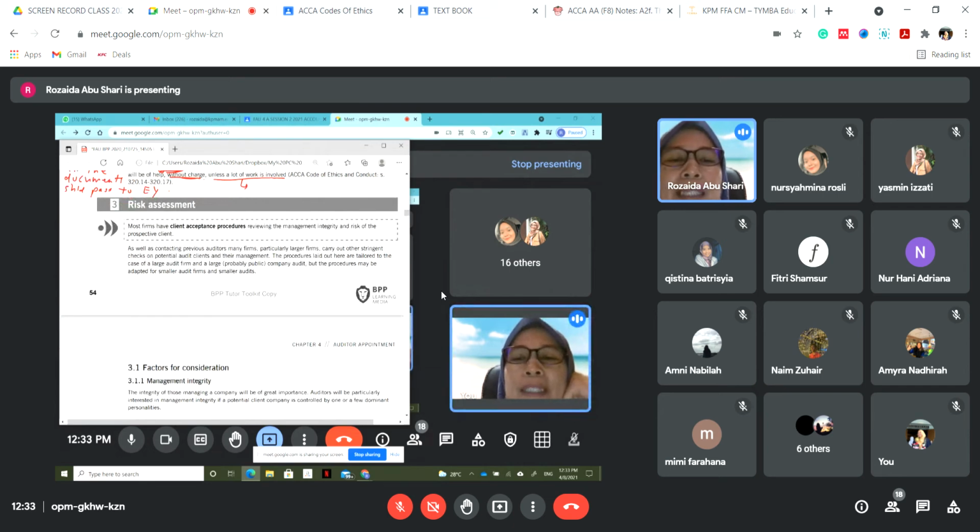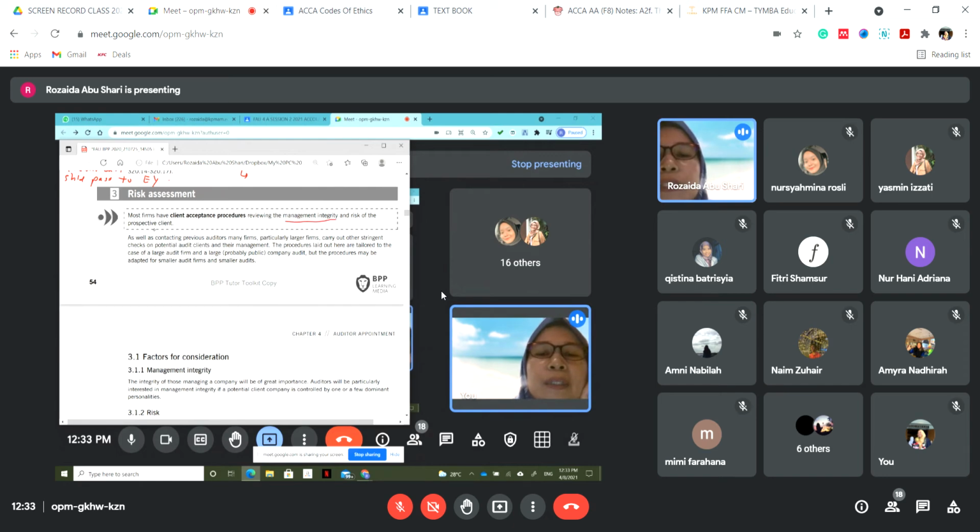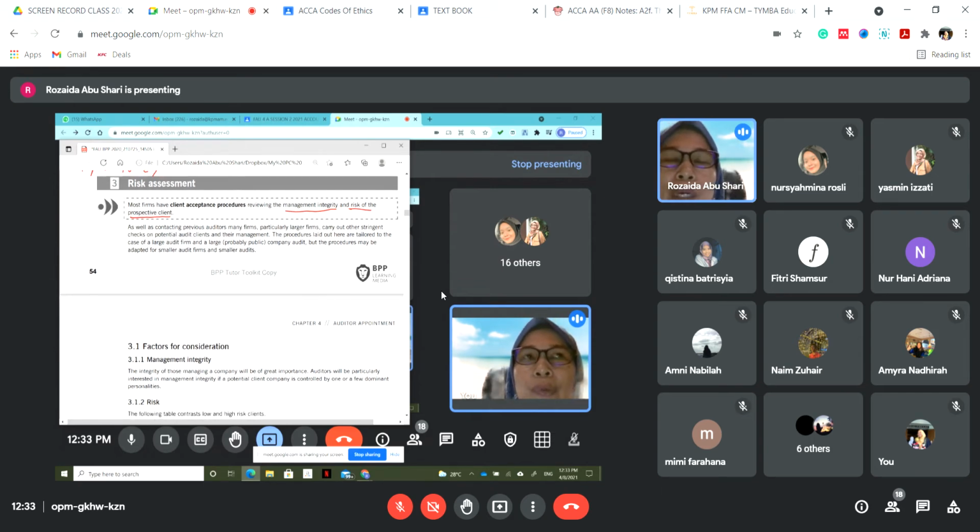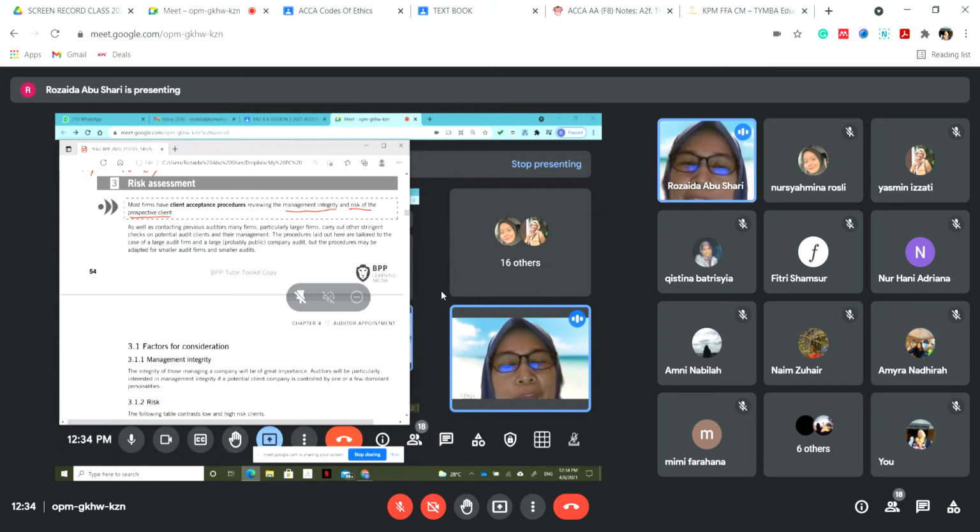Most firms have a client acceptance procedure reviewing the management integrity. This is important: management integrity and risk of the prospective client. When you are going to accept the appointment, you might need to have good communication with the management. You also have the right to get access to all the information and records when you consider it necessary.